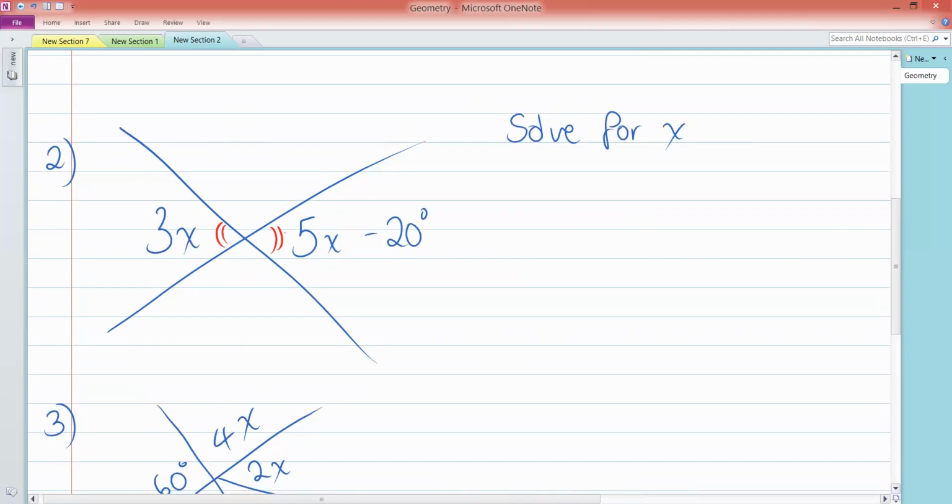Vertically opposite angles are equal. So that's your starting point. You would then have to say, 3x is equal to 5x minus 20. Why? That's your statement. Your reason would be because of vert opp angles are equal.